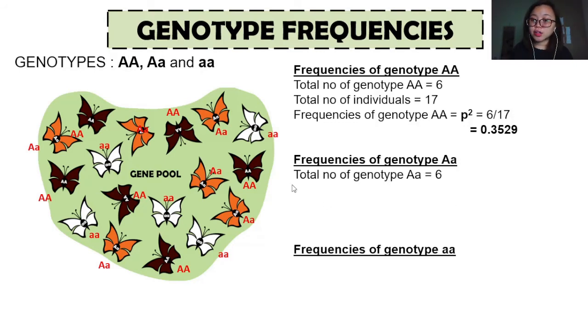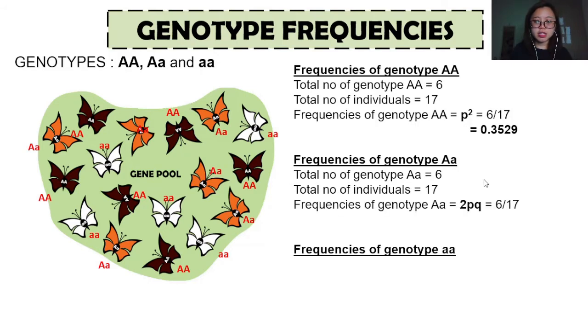Then we calculate the frequency of individuals with genotype heterozygous. This is also 6: 1, 2, 3, 4, 5, 6. The total number of individuals is still 17, represented as 2PQ, 6 divided by 17, and the answer is 0.3529.